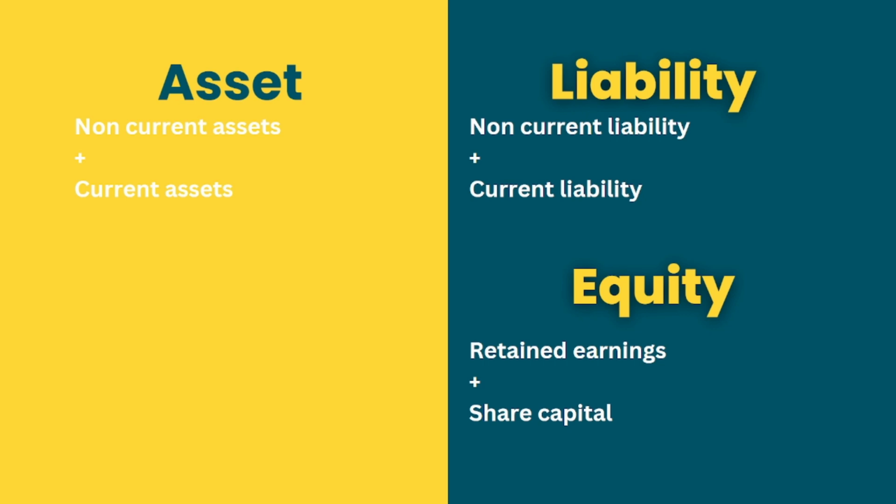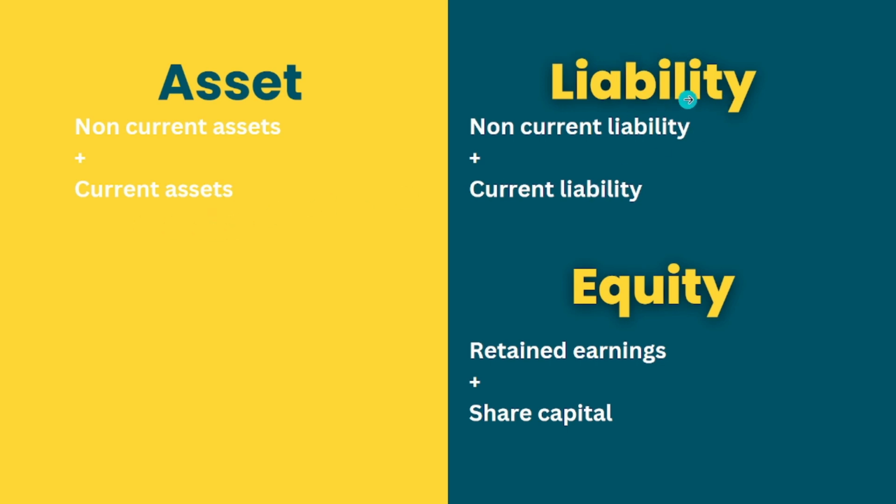We can have land, and for the intangible, we can have goodwill, copyright, patent, trademarks, etc. And for the current assets, we can have cash and cash equivalents. We can have trade receivables and also inventory, and we can also have prepaid expense. I have covered prepaid expense in one of my videos, so you can watch that.